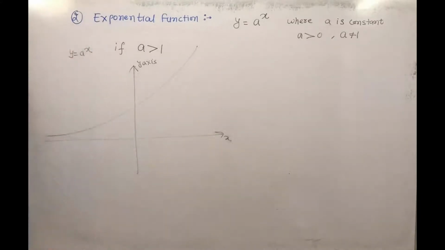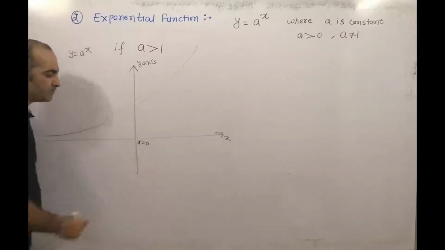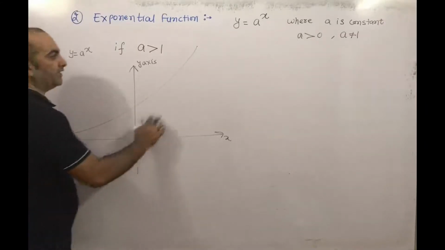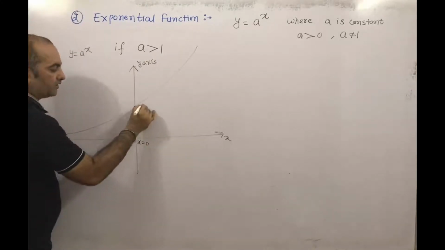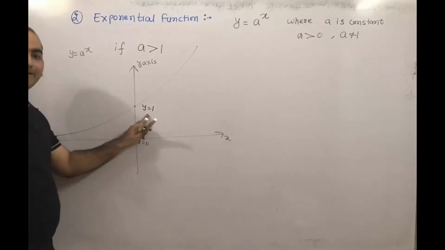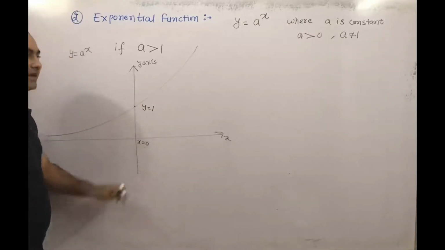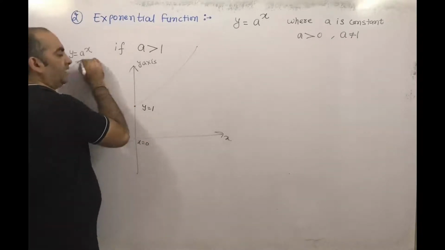It is an increasing graph. At x equal to 0, if you put it here, a power 0 is 1, so the y value is 1. So we can say that y equal to 1 is the image of x equal to 0 under the function y equal to a power x.